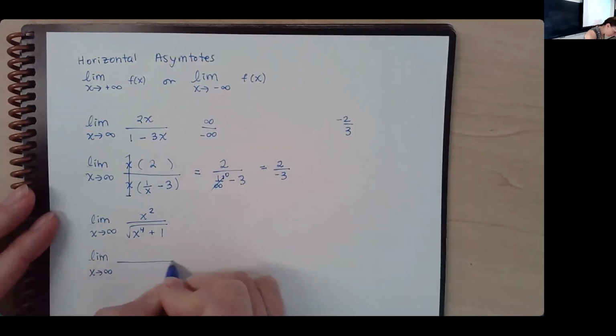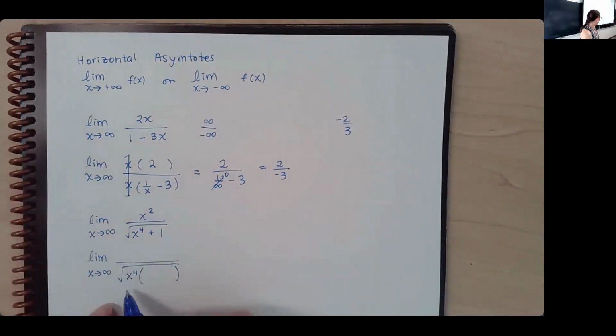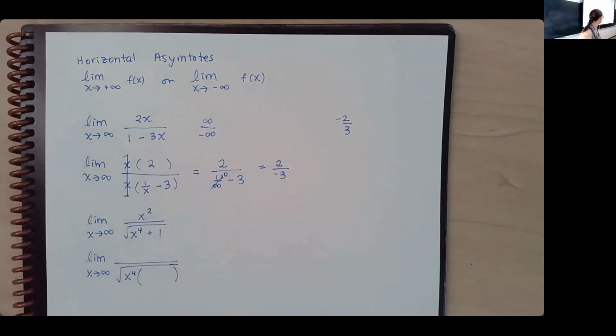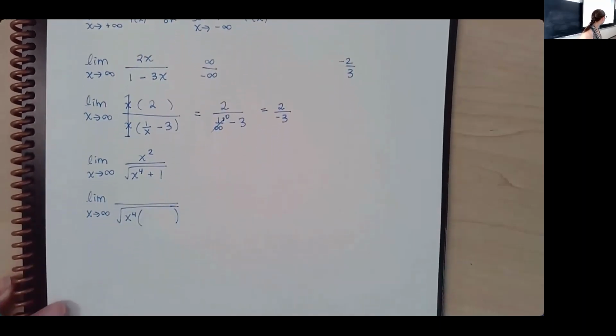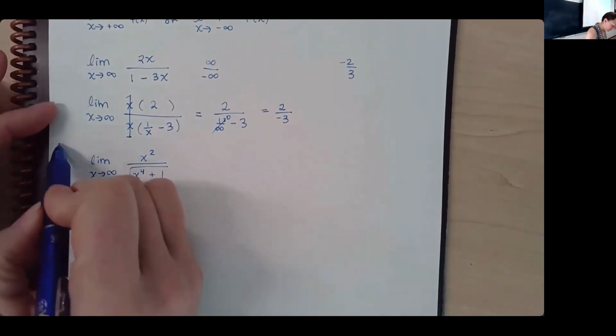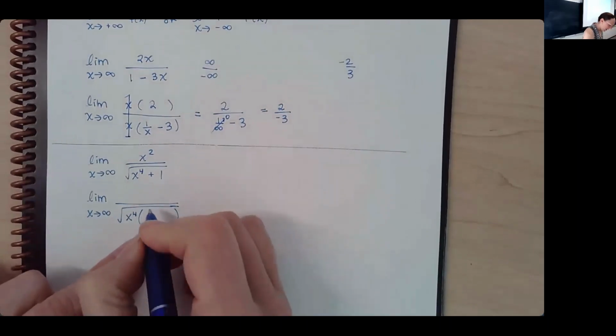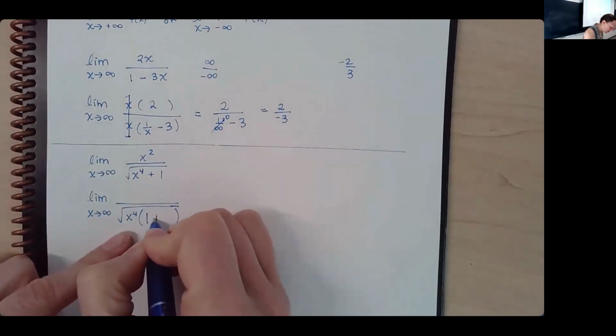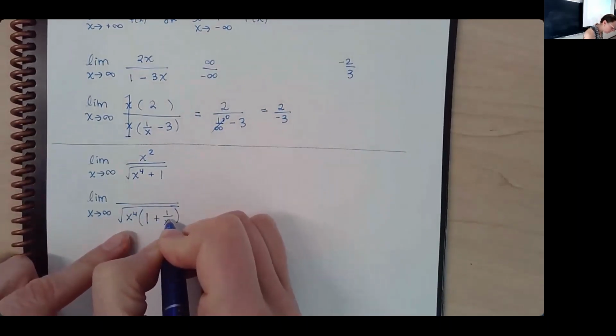But I'm going to be careful about it because it's actually inside of a square root. So I'm going to factor out that x to the fourth. And I'm going to get 1 plus 1 over x to the fourth.